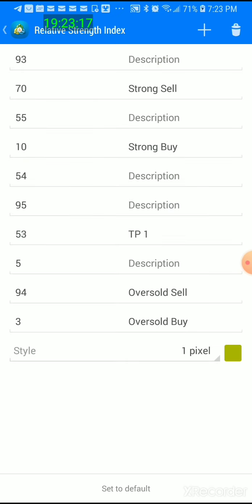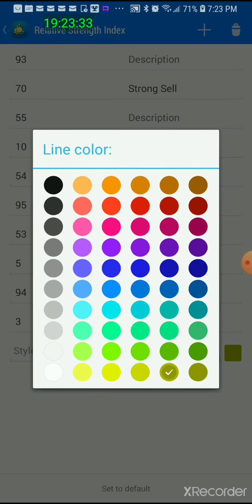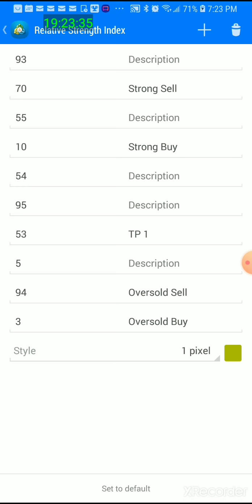I have a description of strong sell on the 70. The 10 is strong buy. 53 is TP1. 94 is oversold sell. 3 is oversold buy. Then I have this color of BBKOF.